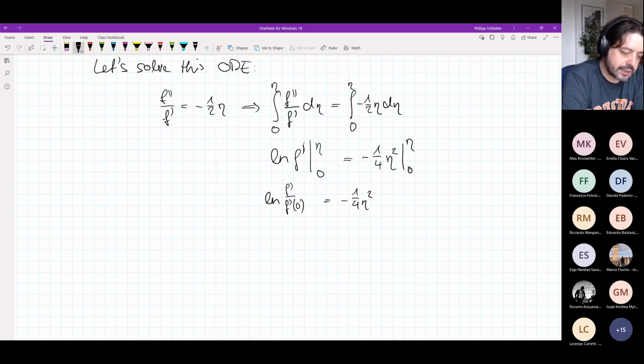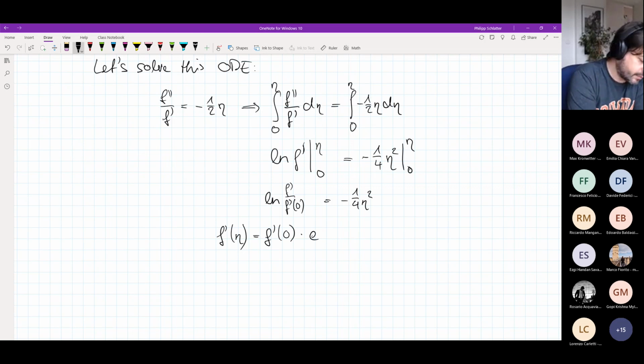I can get rid of this ln by just doing an exponential of this. So if I do that, I get f prime of eta, which then would be f prime of 0 times e to the minus eta squared divided by 4.